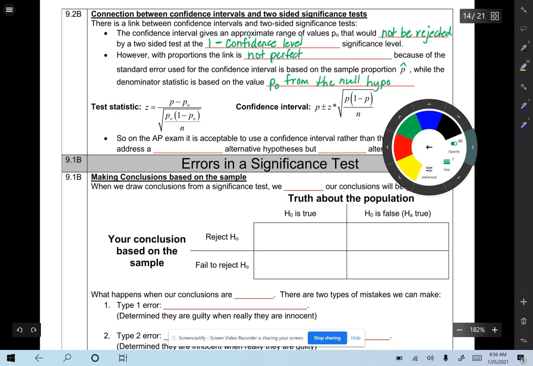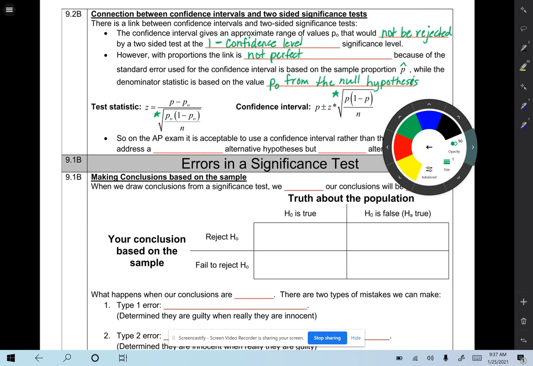So if we look at the formulas here, this is the test statistic that is used for a significance test, and on the right is the one for the confidence interval. So look at this. This and this, they're pretty similar. They'll give you just about the same kind of information.